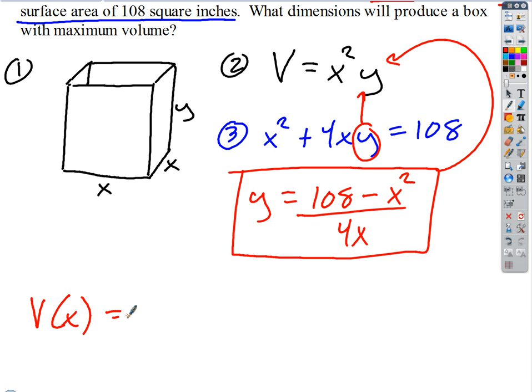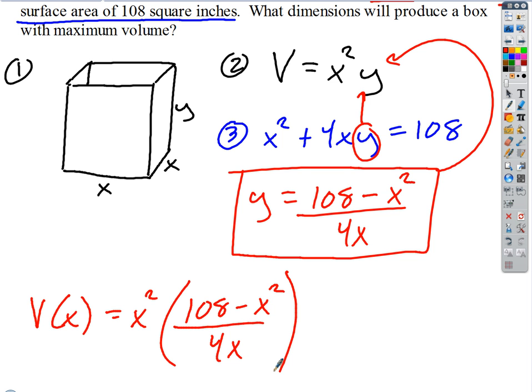So v of x equals x squared times this. Right? That make sense?